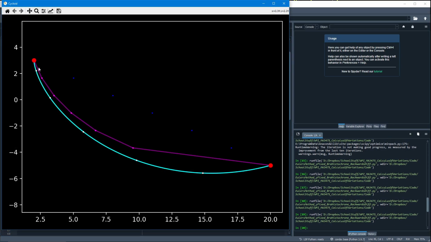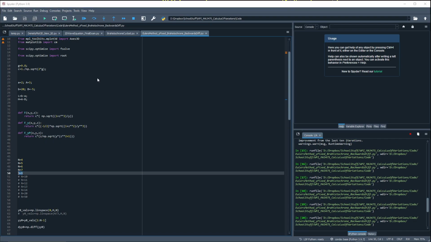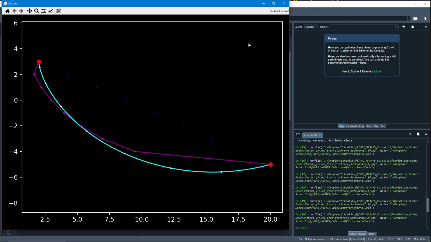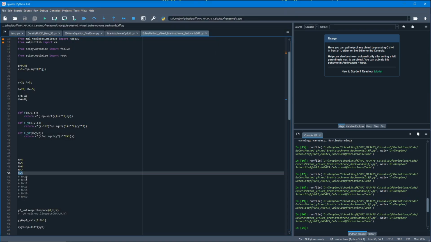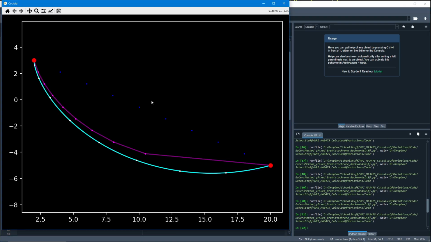So the numerical approximation here are these magenta points and segments. This seems to be getting closer and closer to the actual solution. That's what that was when n equals 7, and now we can do n equals 9. This is getting closer and closer to the actual curve.